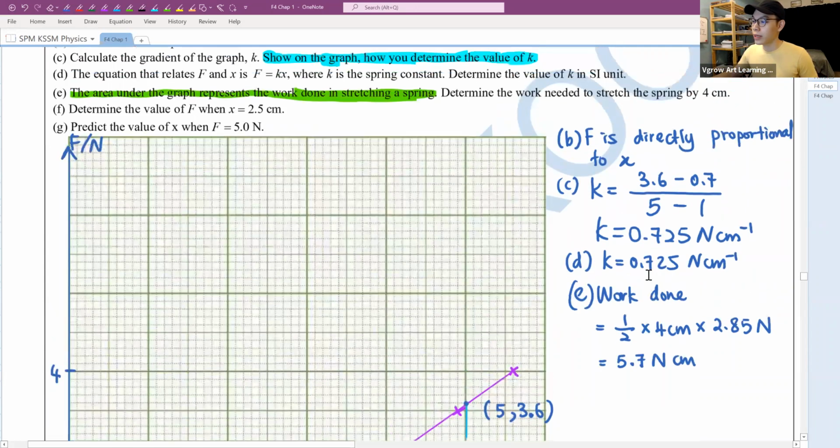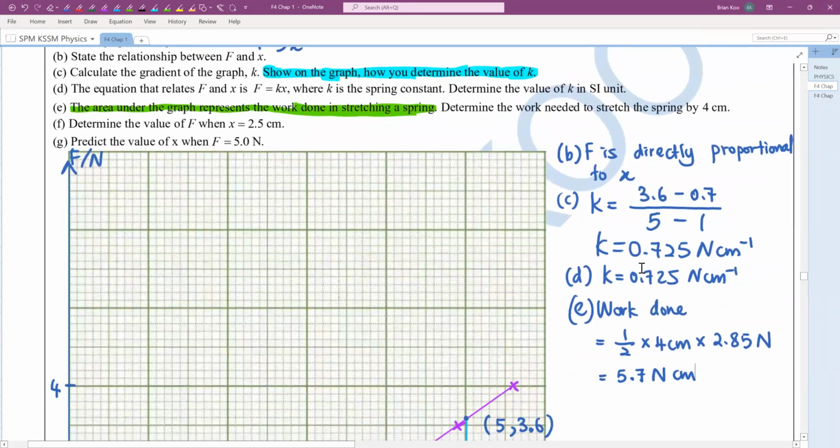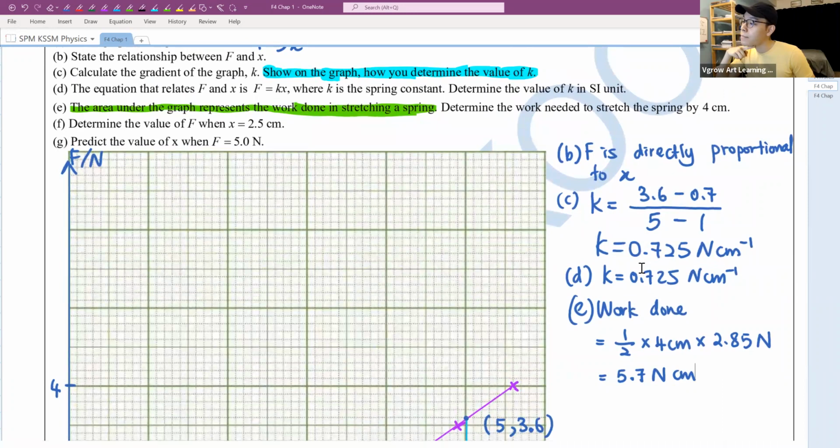Okay, Ken, no problem. Teacher, the cm doesn't have power of -1. When is it -1? When it's at the bottom, correct? Just now the one had -1. Why? Because the y value that we used, 3.6 and 0.7, is Newton over cm.